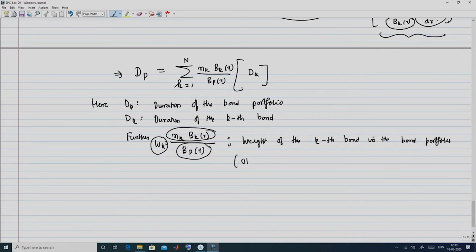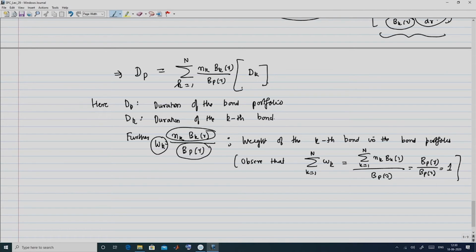And you observe that summation of wk, k is equal to 1 to capital N, this is going to be summation nk bk of r over k is equal to 1 to capital N divided by bp of r. This is going to be simply bp of r over bp of r is equal to 1. So, it satisfies the condition of the definition of the weights.